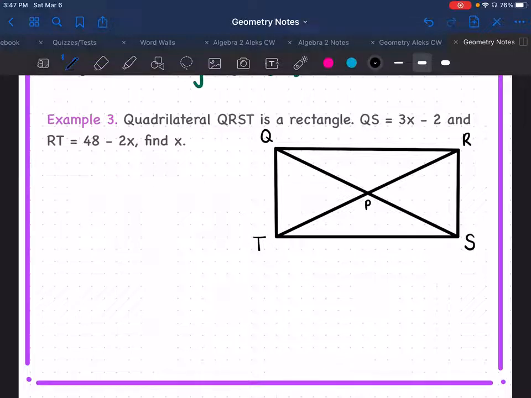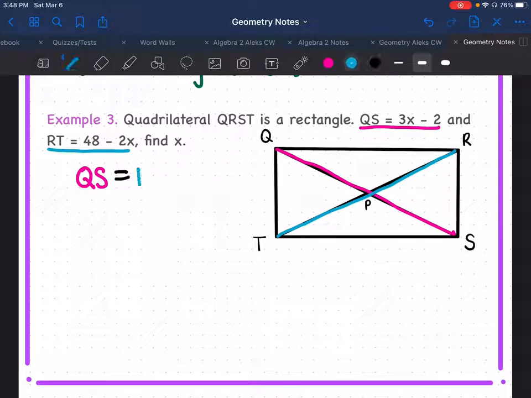I'm just going to trace it, and then RT. Well, they're my two diagonals. And what we learned is that they are congruent. So QS is equal to RT.